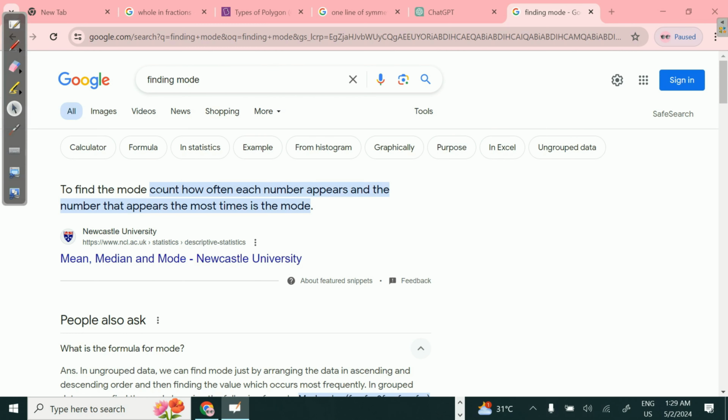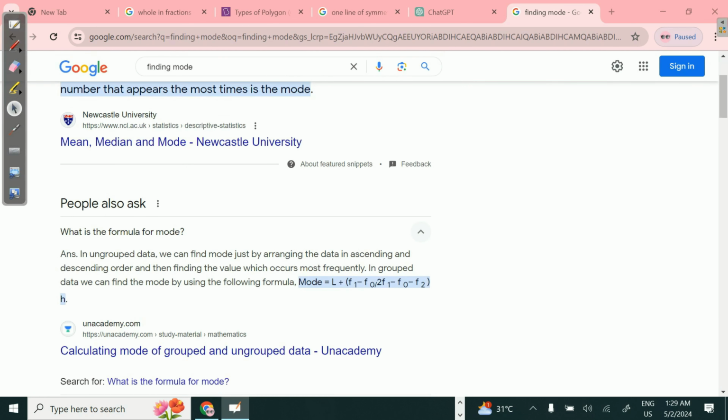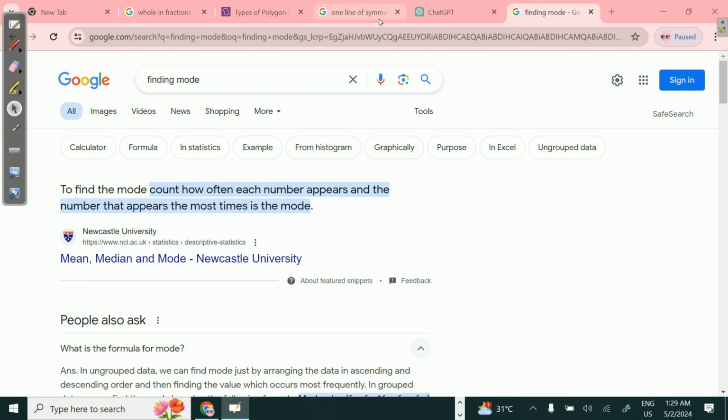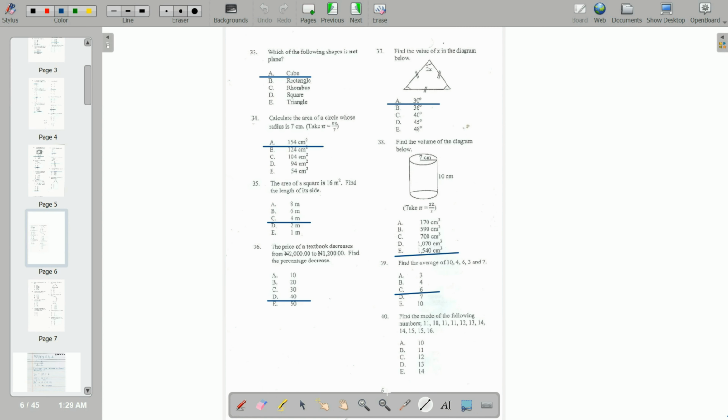To find the mode, we need to count how often each number appears, and the number that appears the most is the mode. Given that number 11 appears the most frequently out of all the numbers, we can choose it.